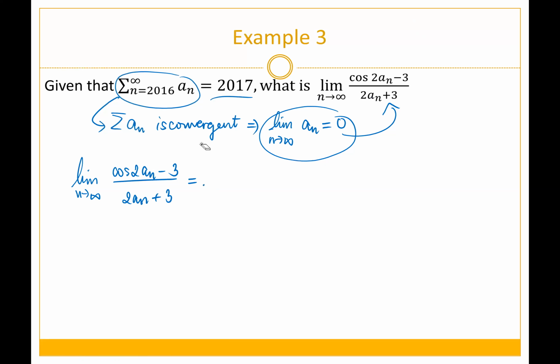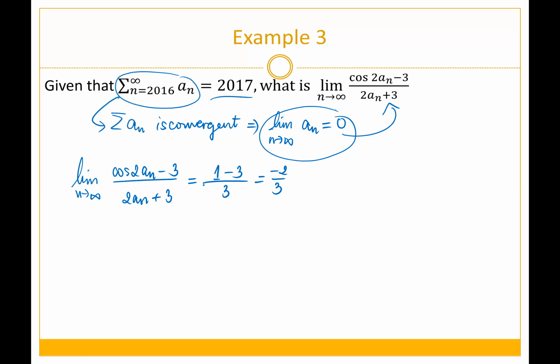Cosine of 0 is 1, honestly, sorry. Cosine of 0 is 1. 1 minus 3 divided by 2 multiplied by 0 is 0, plus 3, so it's going to be negative 2 over 3. Confused myself.